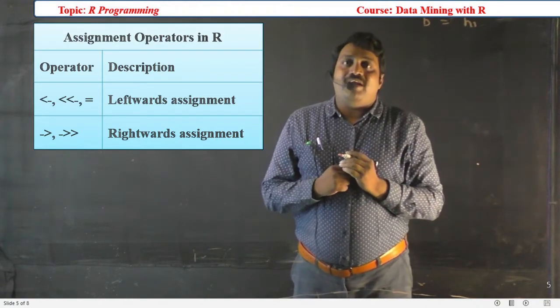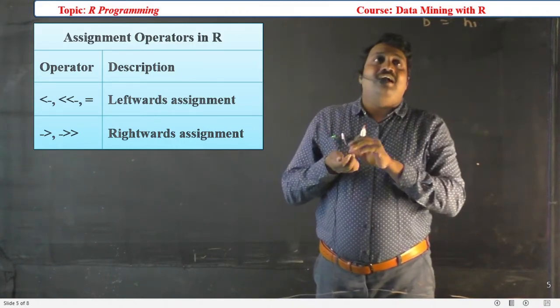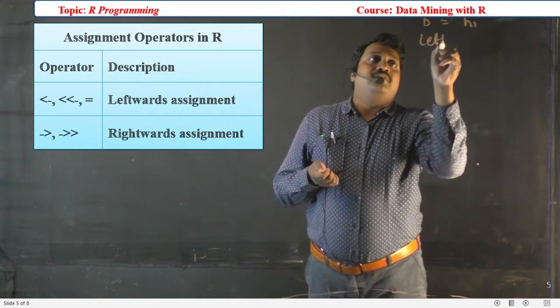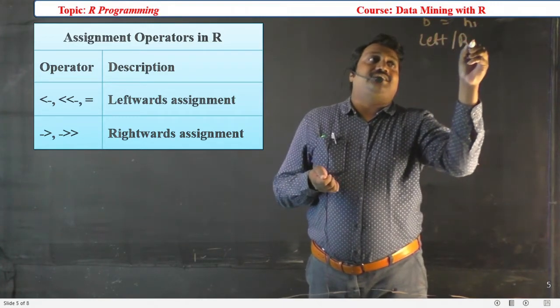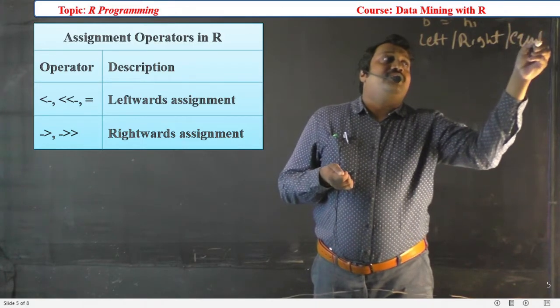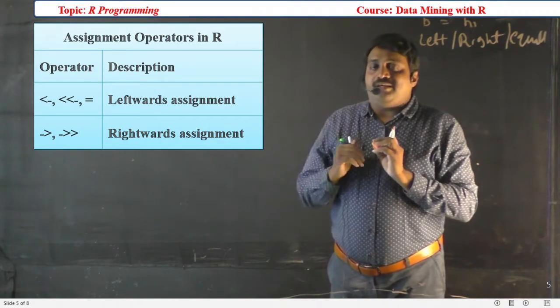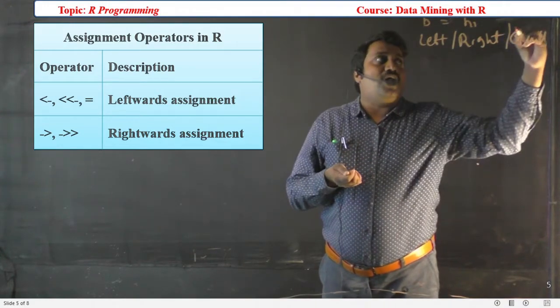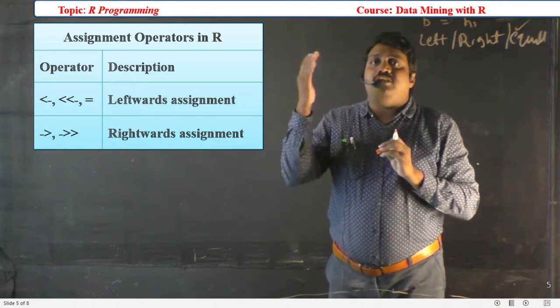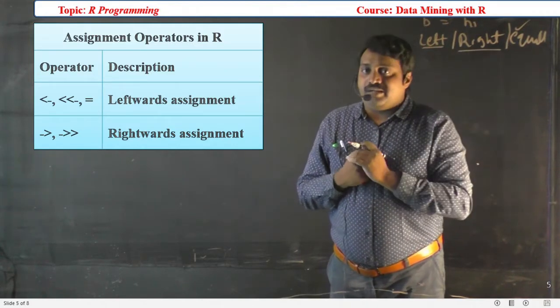But in R we have special operators. As you can observe here, we have the leftward or rightward directions or the equal symbol. We have three operators. Generally the equal symbol is common in all languages, and we have special symbols called leftward and rightward directions.